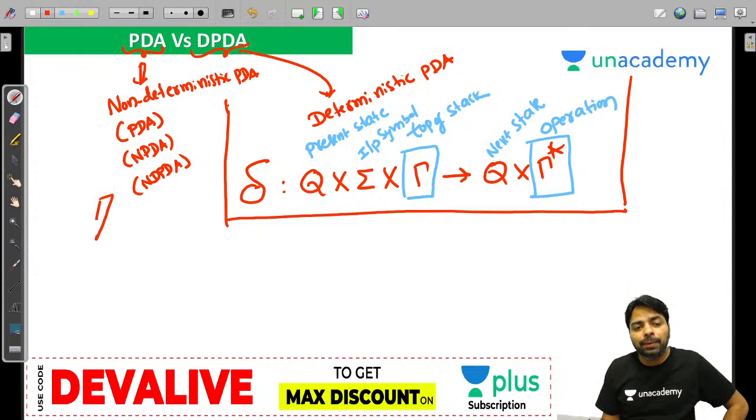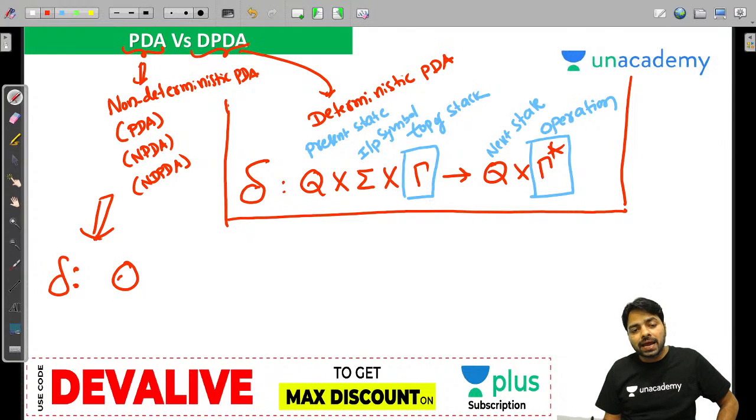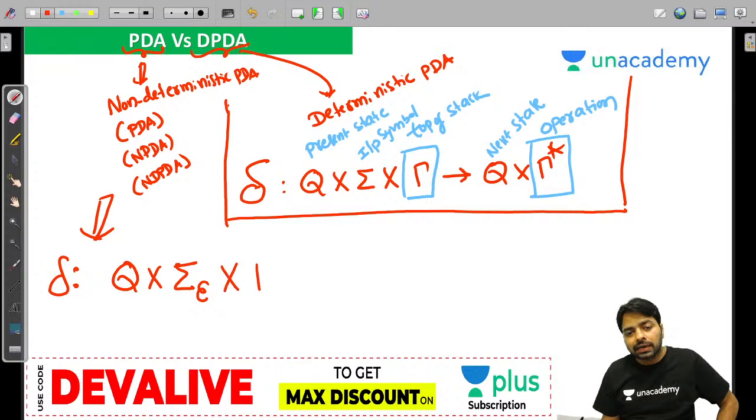And you have NPDA, PDA, we can say that. For PDA, what is the delta? For PDA, in sigma you can use epsilon, in gamma you can use epsilon, and you can use star. So many choices you have, all are optional. And here it is 2 power Q cross gamma star.